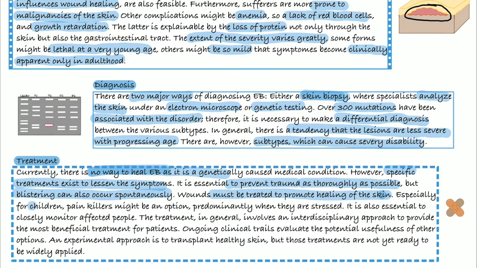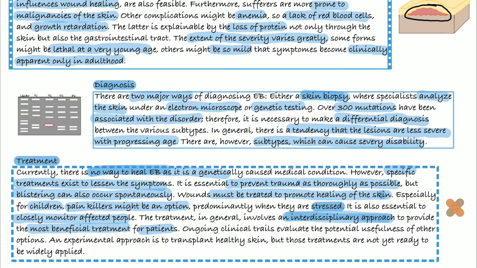And especially for children, painkillers might be an option, predominantly when they're stressed. In general, it's essential to closely monitor those people. And the treatment involves an interdisciplinary approach. So many specialists have to work together to find a treatment that is most beneficial for the patient.